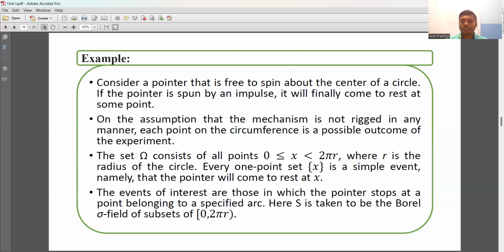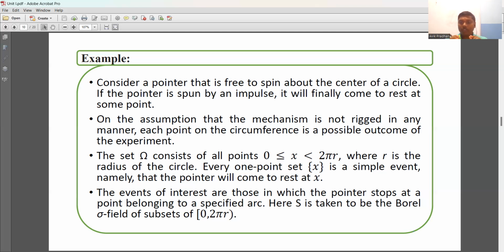So if I think about this experiment, all possible outcomes corresponding to this experiment will be the set 0 to 2 pi r, because the pointer can stop somewhere within this range, where r is the radius of the circle, and every point x is a simple event.